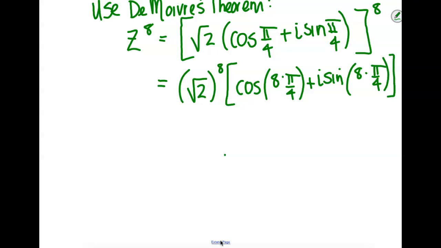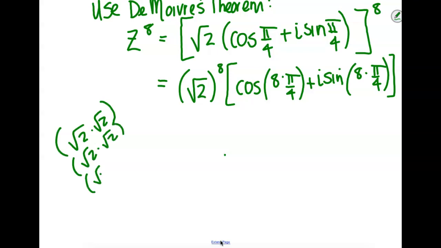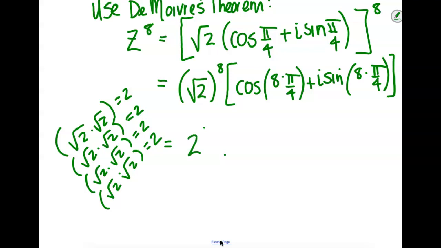The square root of 2, 8 times, looks like this. Well, this becomes 2, this is 2, that's 2, and that's 2. When you multiply those, 2 times 2 times 2 times 2, you're going to get 16. I'm going to write it 2 to the 4th for now, and then change it to 16. So I'll do it in 2 steps.